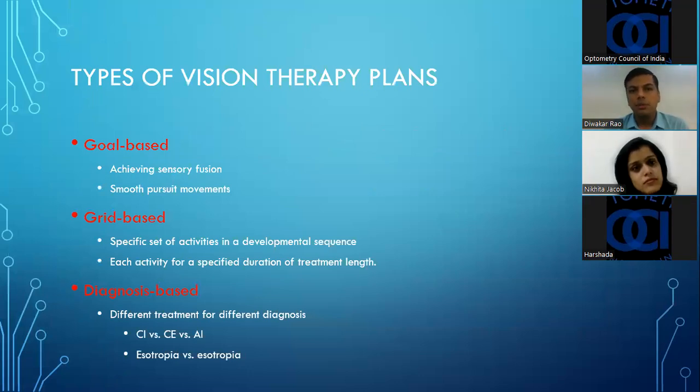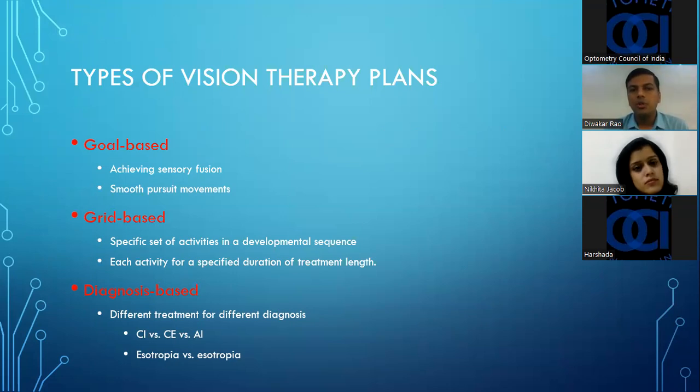So the types of vision therapy plans are goal-based, grid-based, or diagnostic-based. Goal-based plans are the ones which aim at achieving sensory fusion and work on smooth pursuit movement, whereas grid-based plans are a specific set of activities in developmental sequence, with each activity for a specific duration of treatment length.